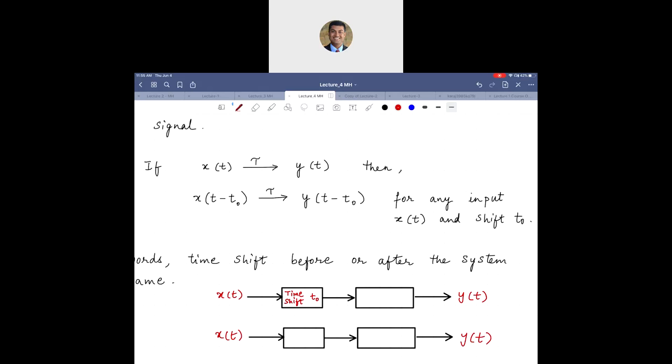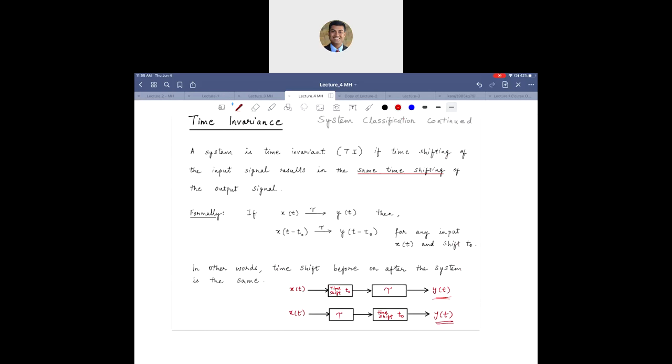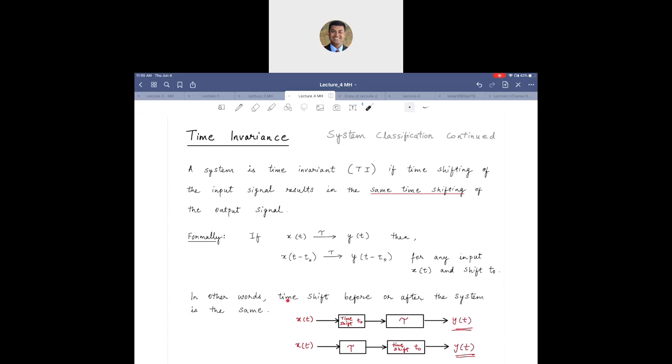If you do a time shift first and then you go through the system operator, it should be the same as going through the system operator and then doing the time shift by the same amount. So if the outputs in both these cases are the same, then the system is considered time invariant. We can capture that block diagram into a statement: if the time shift before or after the system is the same, then it is a time invariant system.